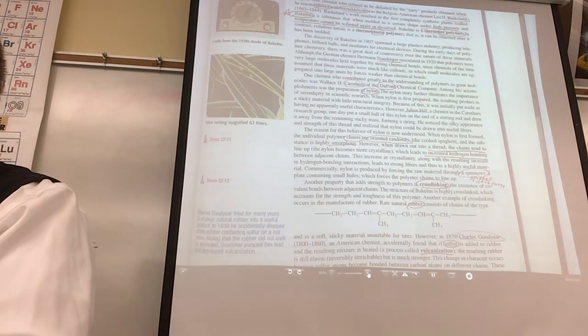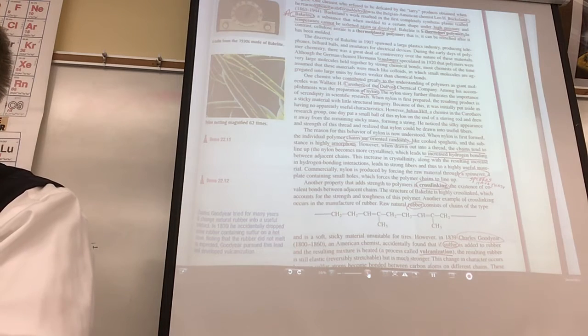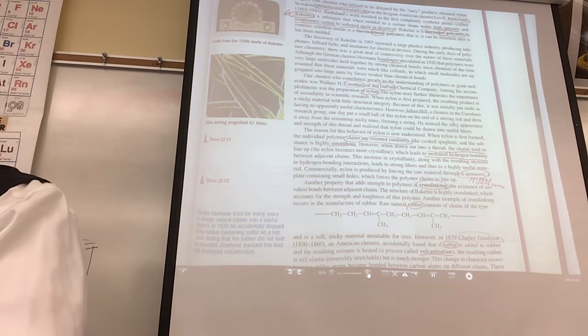The problem was it's kind of a little bit brittle, and so over time it gets more brittle. So if you were to find an old radio somewhere in your grandmother's attic, and it was Bakelite, look it up before you give it away. It's probably worth a lot of money, because so many of them were broken. There's almost none of them that don't have cracks in them.